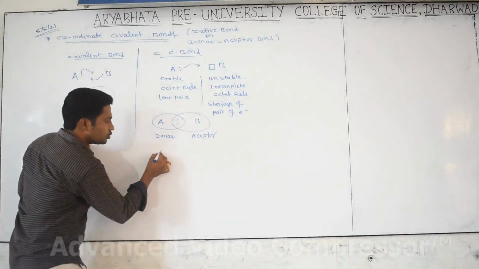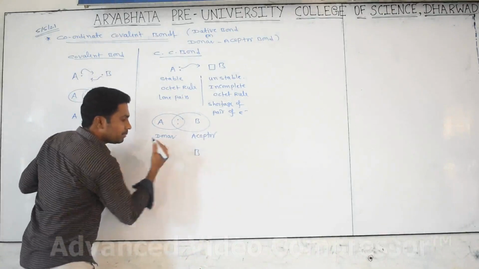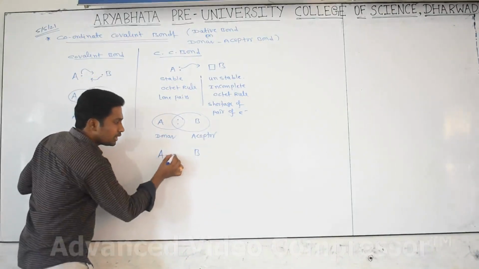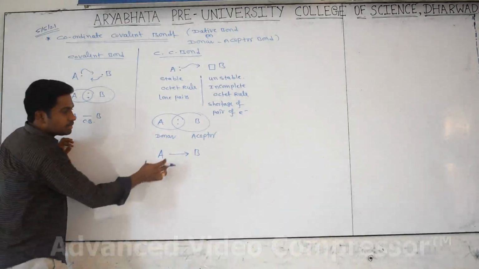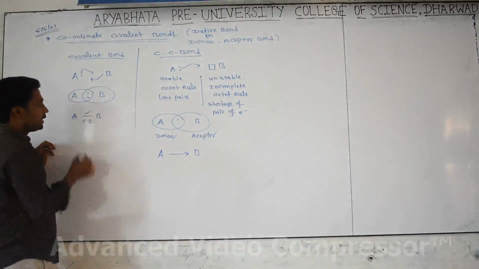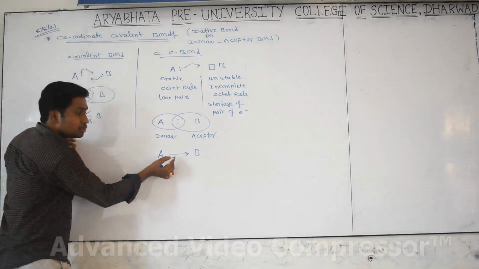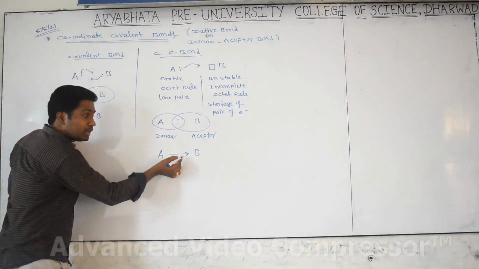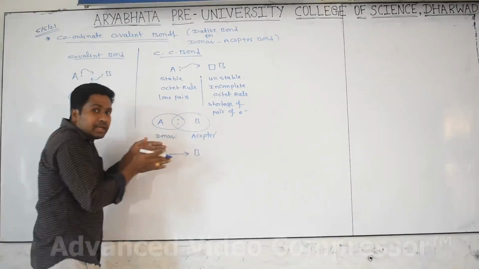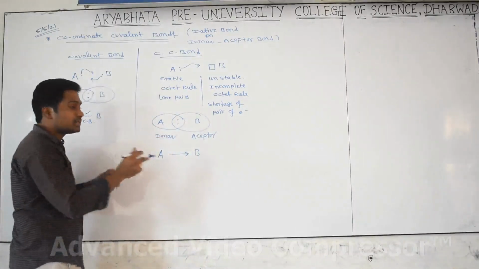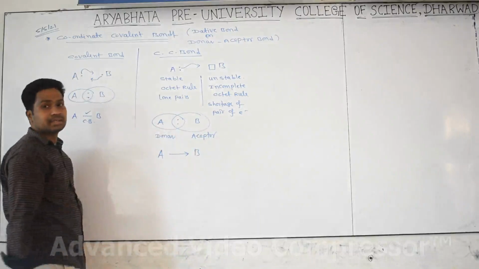After that, how can we show this? Between A and B, we can show the coordinate covalent bond with an arrow mark. Normally a covalent bond is denoted by a single line, but this is denoted by an arrow mark. The arrow mark always points towards the acceptor side. So A is donating electrons to the B atom, and the head of the arrow always points towards the acceptor.